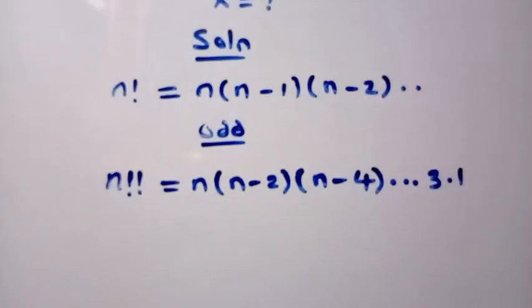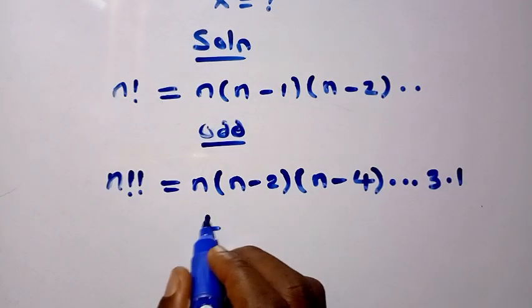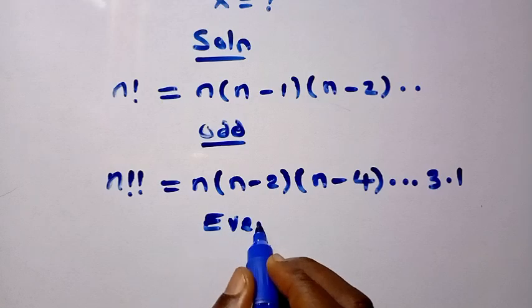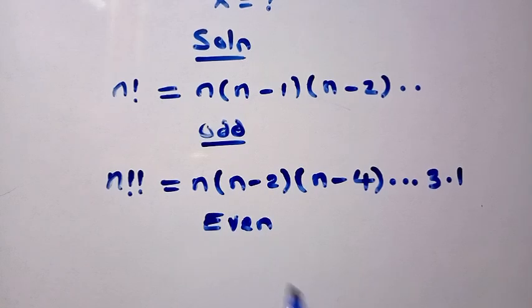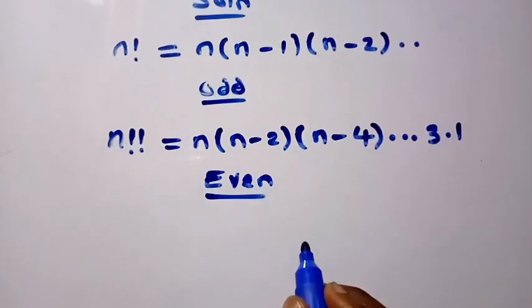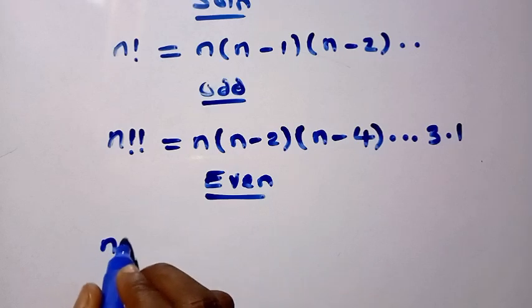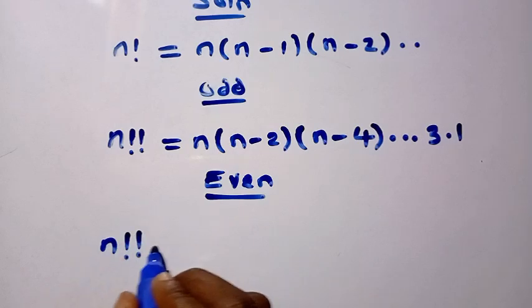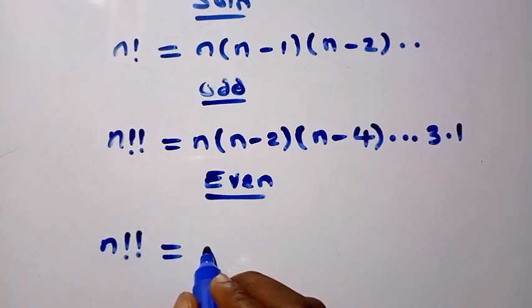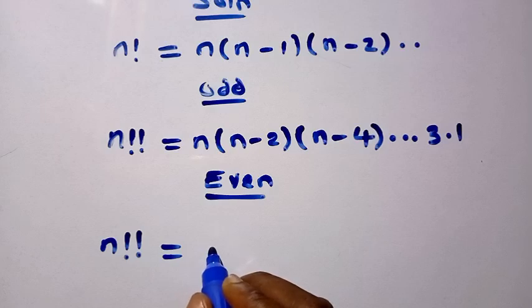And again, for the case of even, if we have an even number, we are going to consider n factorial factorial equals, so similarly we keep subtracting.